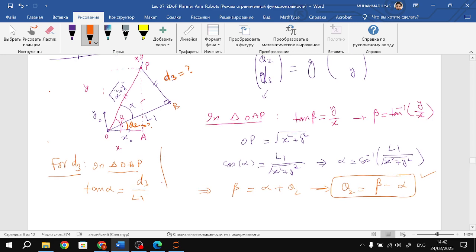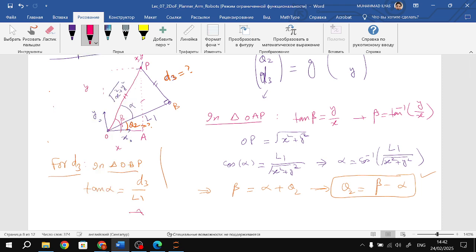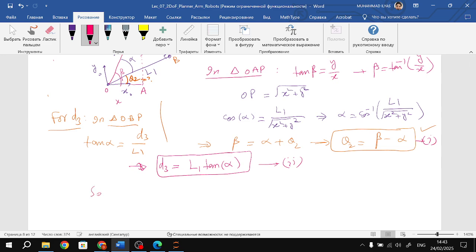So from here you can find d3. d3 will be equal to L1 tangent of alpha. This is your second joint variable. Equation number 2, equation number 1. So 1 and 2 give the inverse kinematic model.